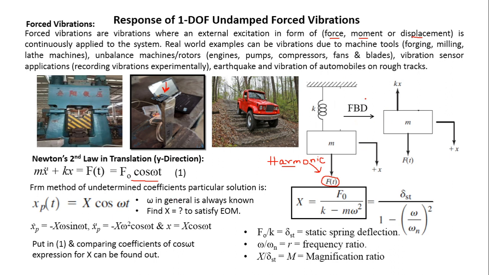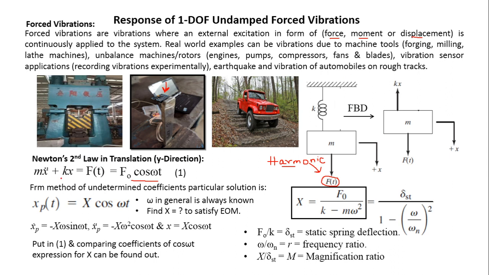So you can draw the free body diagram of this system. Okay, this force is acting on this inertia element, it is trying to bring it down. So this is the positive direction of the displacement, dynamic displacement amplitude. This force is acting in the downward direction, so the recovering force of the spring is going to act in the upward direction. And what you need to do is use Newton's second law in translation in the y direction, because forces are acting in the y direction, the motion is in the y direction.